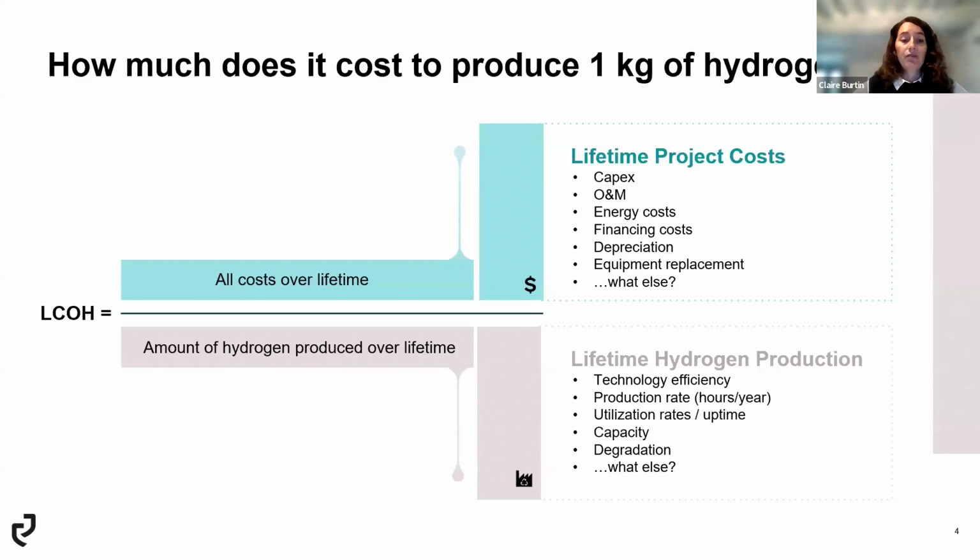In terms of the amount of hydrogen produced over the lifetime, it's going to depend on the way you operate your plant: if you want to run it 100% of the time, or if you want to do cycling on and off cycles. It's going to depend on the technology efficiency and the size of your plant. We'll dig into these details in a few minutes.